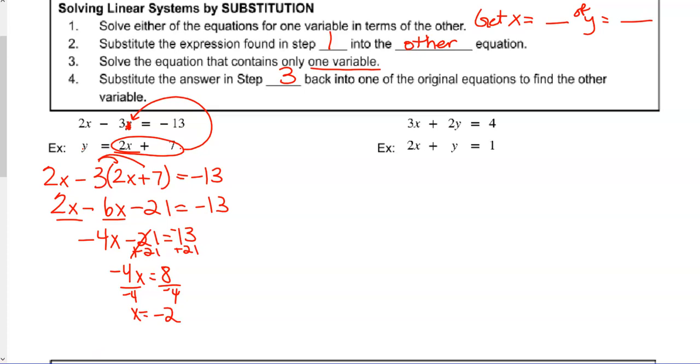Now remember, I actually get a value here, so we're in an intersecting line case, so I'm looking for an xy point where the x value is negative 2, but I'm not done yet. I need to find the matching y value. Now, I have the original 2 equations here that I can plug negative 2 into. You could put negative 2 right in here, times it by 2, minus 3y equals negative 13. But I'm going to hone in right here.